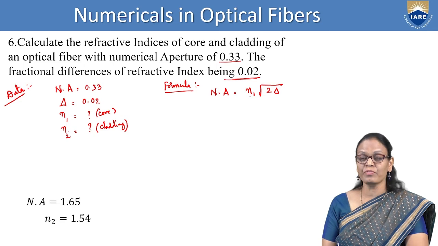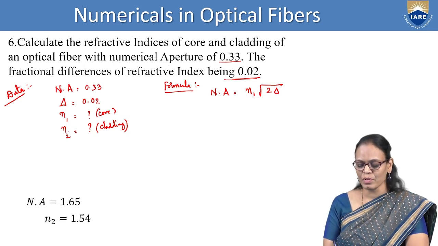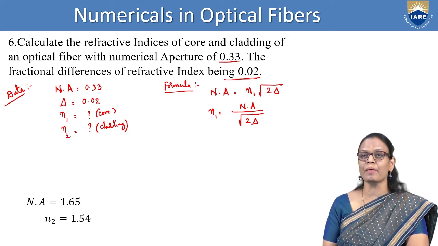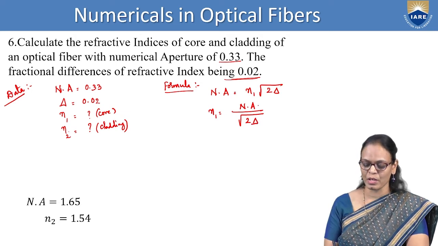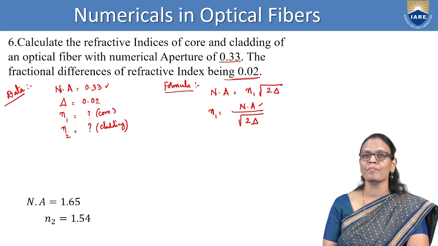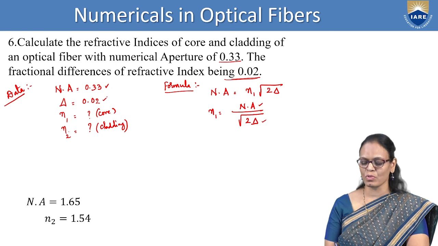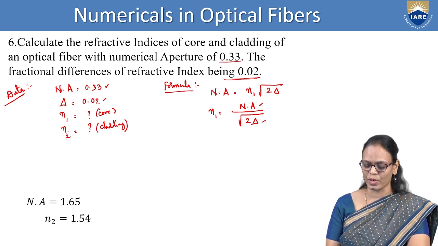So we will find first N1 and then N2. So N1 can be written as NA upon root 2 delta. Why I am using this formula? Again, I am writing it in terms of known quantities. We know the numerical aperture and we also know the fractional change in refractive index. So we are writing it in terms of known quantities.